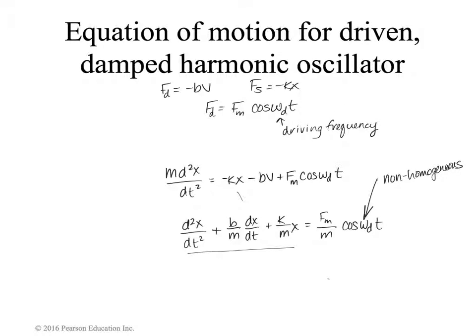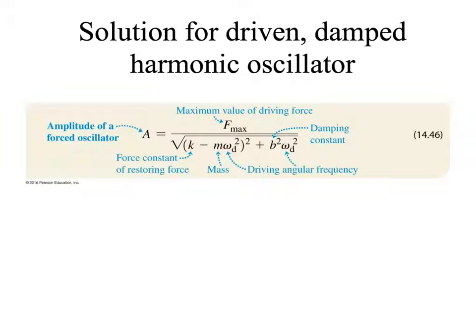Now, the solution to this is rather complicated, but what we want to look at in particular is the expression for the amplitude of motion. The amplitude of the forced harmonic oscillator, you see, has all the terms that you would expect, but also has a relationship to the driving force. And when we're talking about resonance, we see that there's a particular value for the driving frequency where if this term is equal to 0, the amplitude will be the largest.